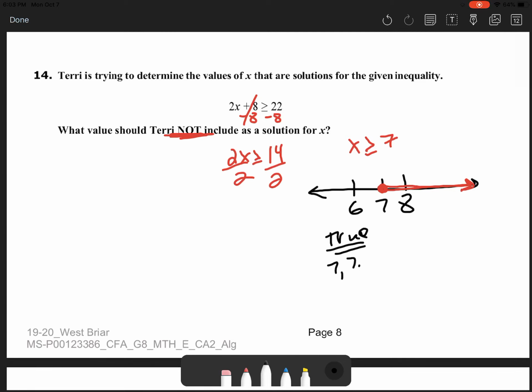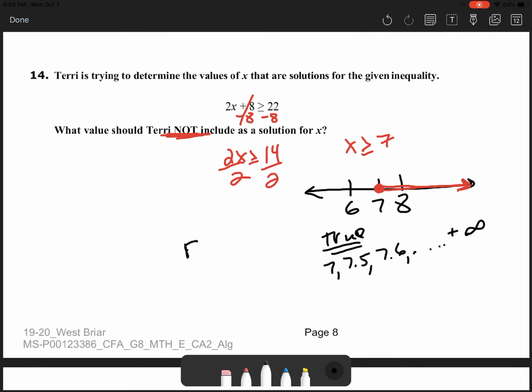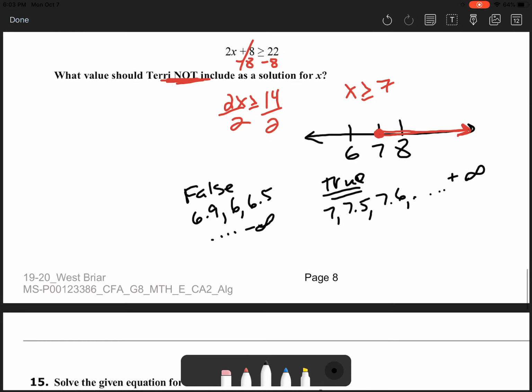So 7, 7.5, 7.6, all the way to positive infinity, right? But not true, so false would be 6.9, 6, 6.5, all the way to negative infinity would not be included in terms of that value.